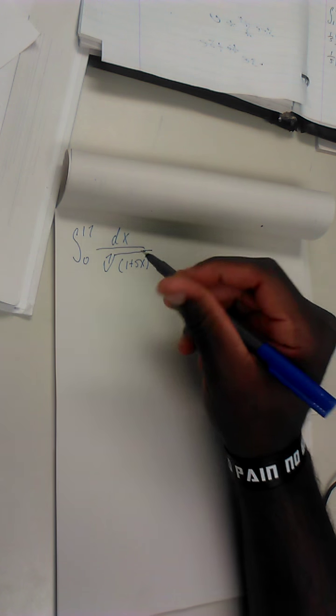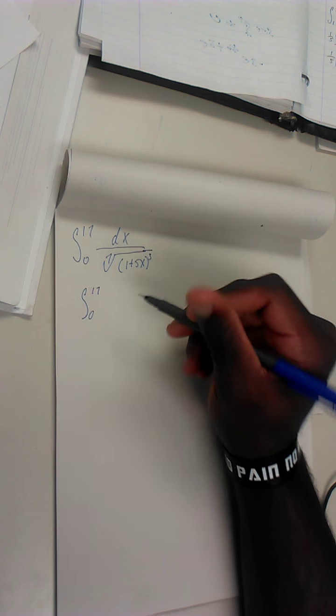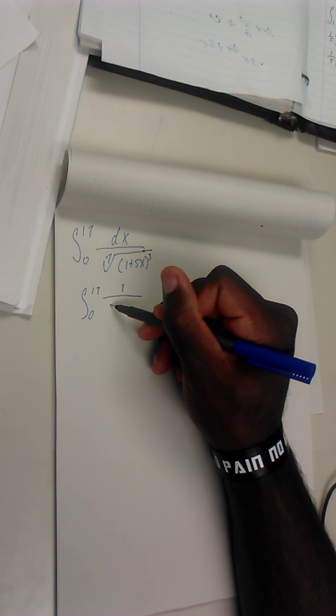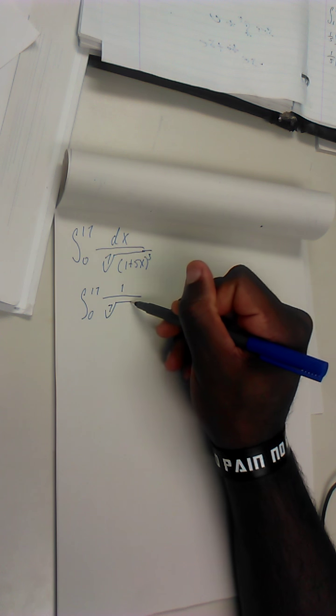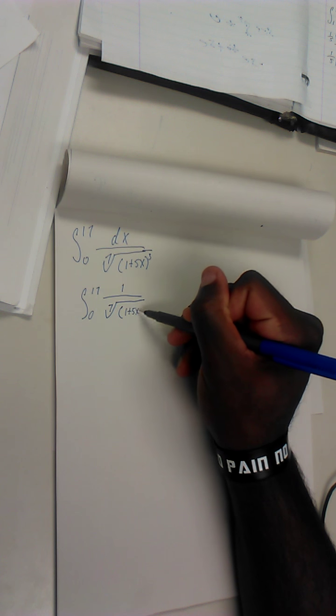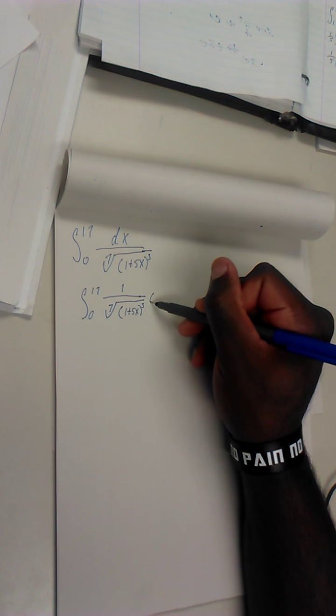Now remember, when you break this down, it's just going to look like 1 over the 7th root of 1 plus 5x to the third dx.